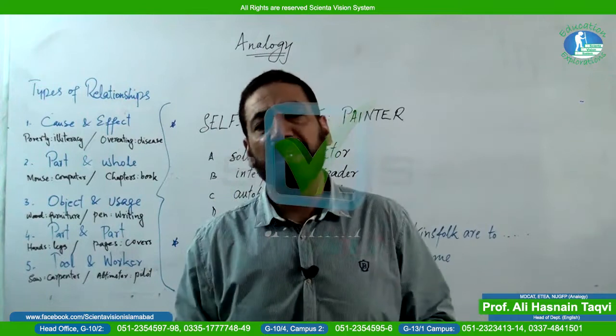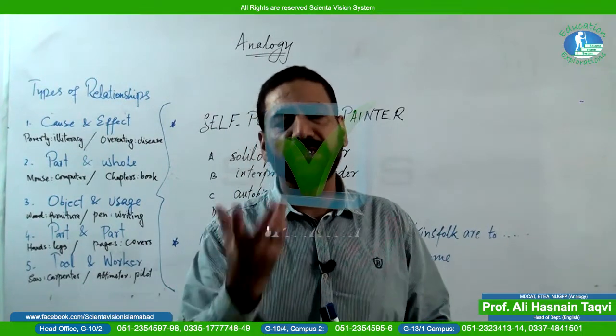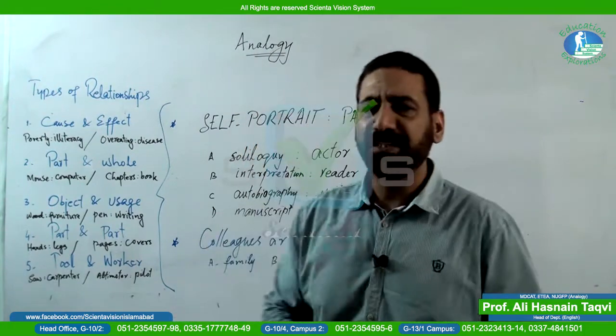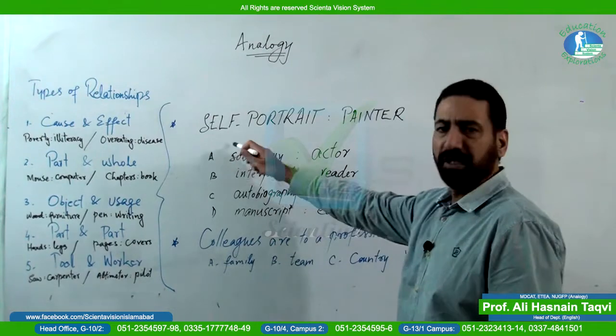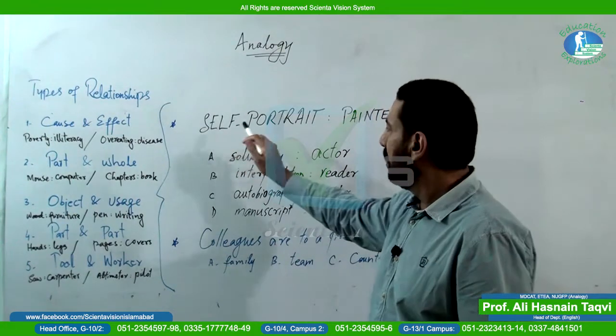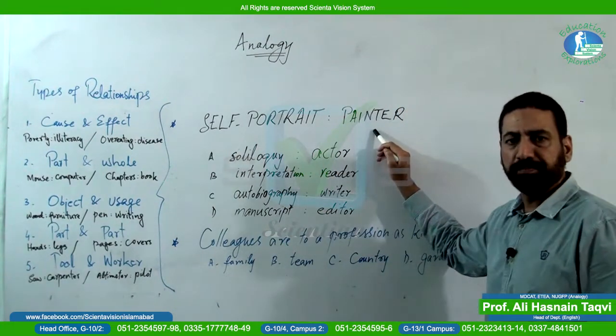It gives you detail again to be able to systematically go about this particular section, analogy section. There are essentially 2 types of questions. As you can see, I have given you here STEM words: self-portrait, then colon, and painter.